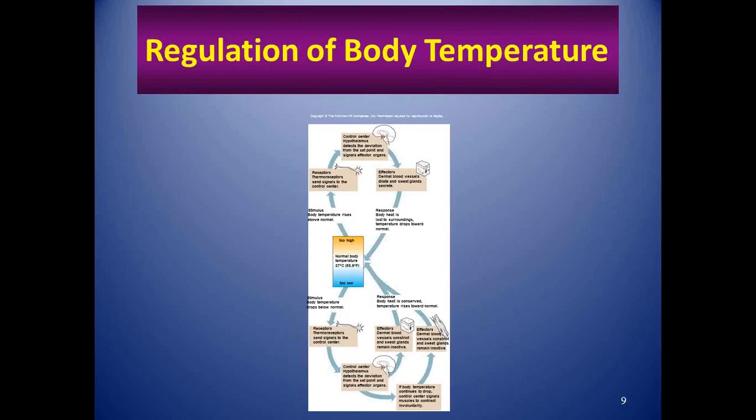But certain people run a certain temperature all the time, that's just an average that we use. So let's say your body temperature starts to get closer to 100, then you've got thermoreceptors within the nervous system that are going to send a signal to the brain to say, hey, we're getting awful hot, we need to do something about it. And so that is sending information to the hypothalamus.